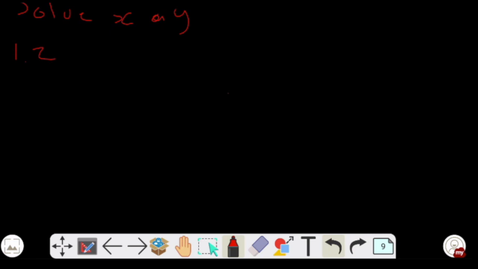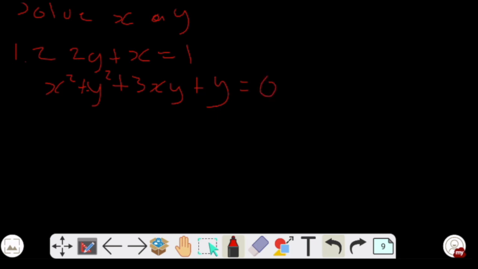Now we have 2x plus 2y plus x equals 1, and x squared plus y squared plus 3xy plus y equals 0.